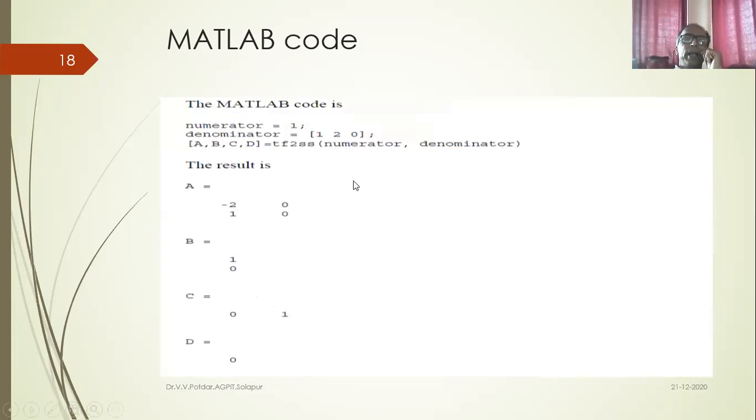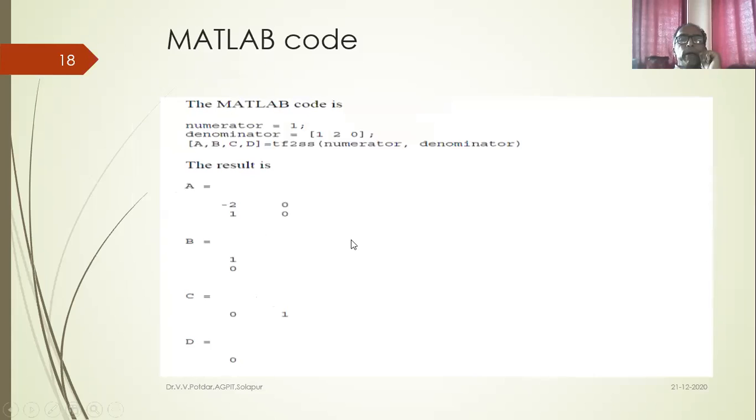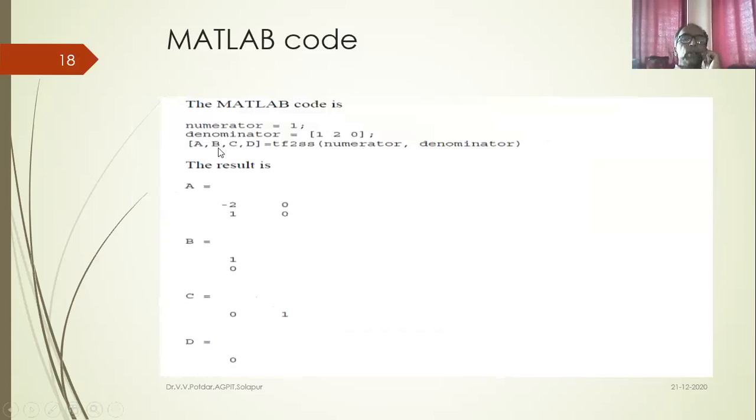I give the numerator values and the denominator values. In the numerator I got only 1, so the numerator value is 1, and the denominator coefficients are 1, 2, 1. So [A,B,C,D] equals tf2ss, as I told you. The command in Matlab is tf2ss, transfer function to state space, with the numerator and denominator in parentheses and brackets.